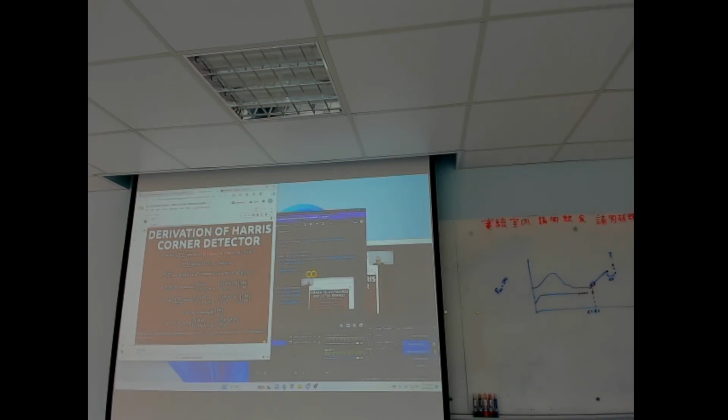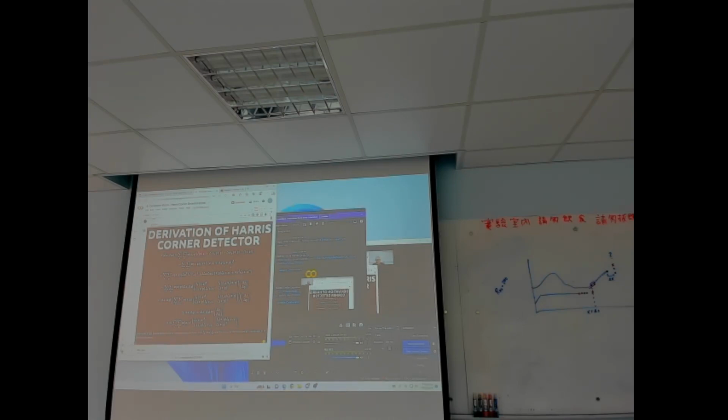So the I, x and y cancels out here. So the actual intensity at that point is not important. And then we get delta x, Ix plus delta y, Iy. That's squared. We can expand the square.